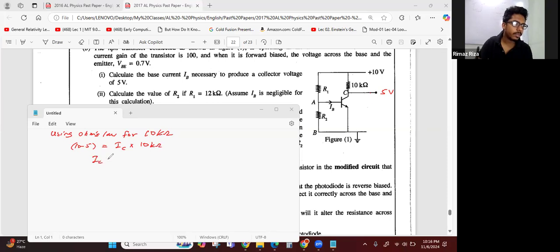Therefore, IC equals 5 divided by 10, which is 0.5. Kilo comes to the other side, it becomes milliampere. So IC is 0.5 milliampere.